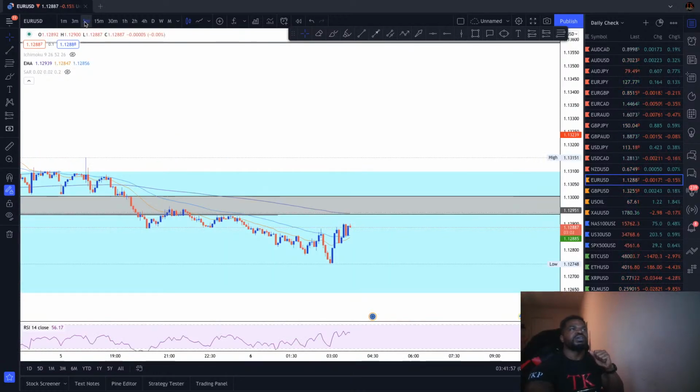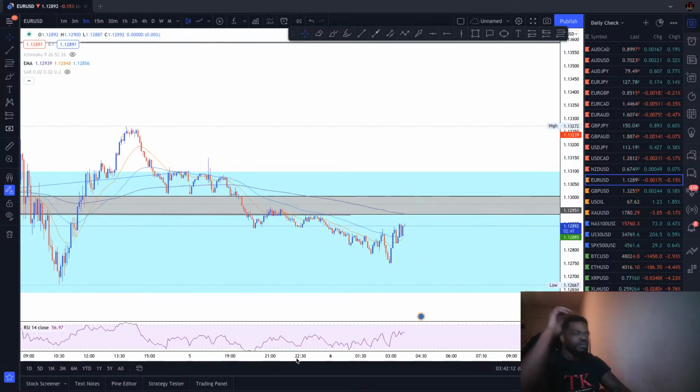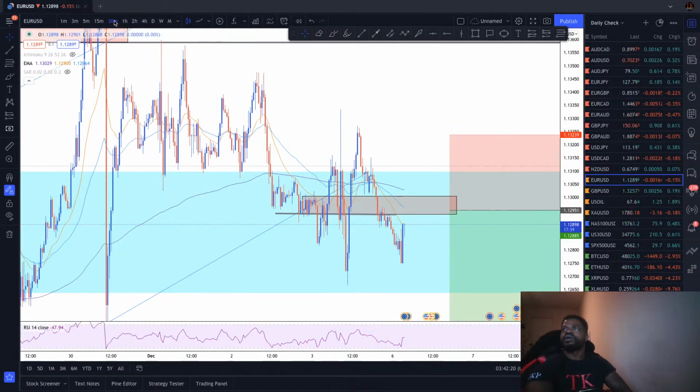So far, price is trading underneath the EMAs on every time frame. So let's just see what happens. Right now in the 5-minute, we are underneath the 200 EMA. So what we'll do is wait for the close of this 30-minute candle.